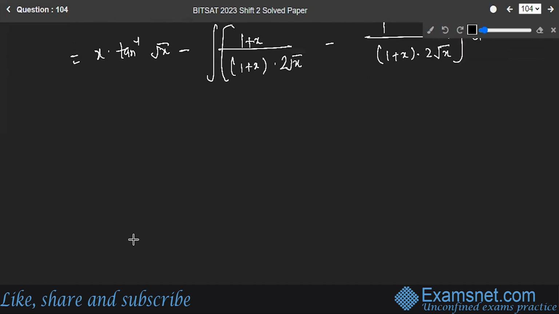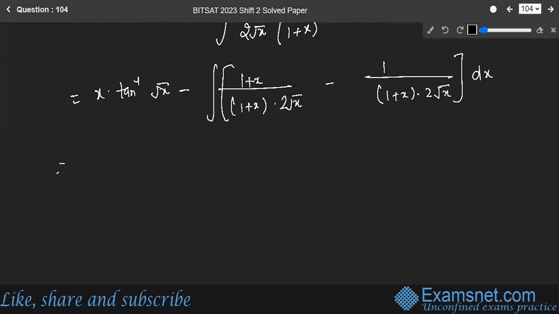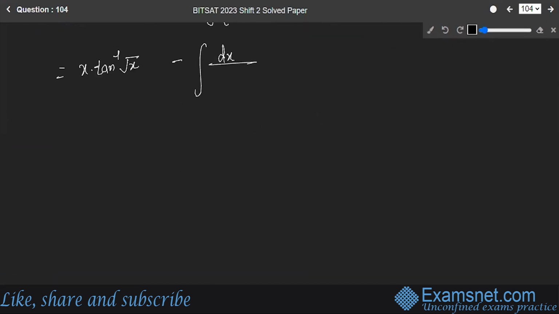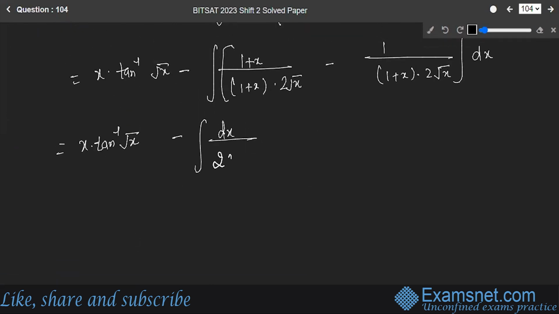So this will be dx upon 2 root x minus the integral of dx upon (1 plus x) 2 root x.